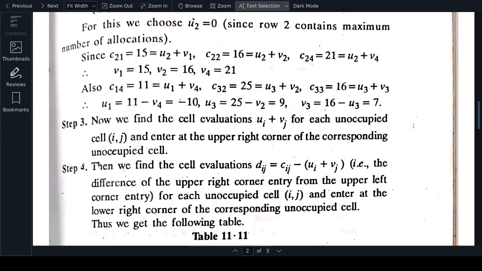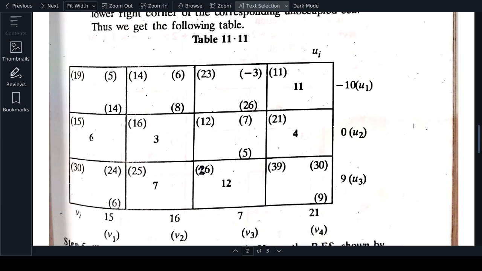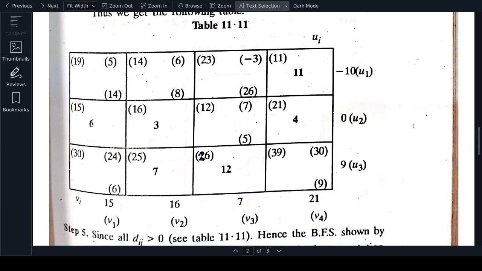So how to know this value? From the final table, we check which row or column gives the maximum number of allocations: first row, second row, third row, or first, second, third, or fourth column.